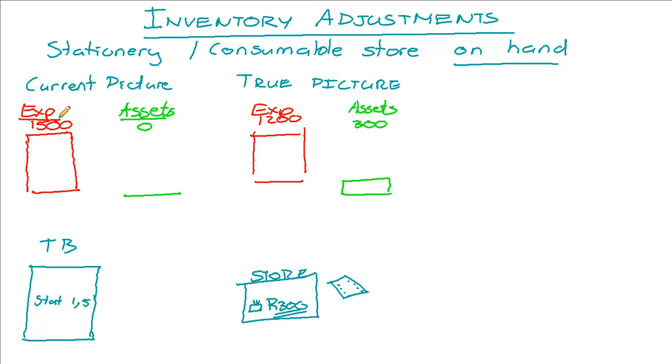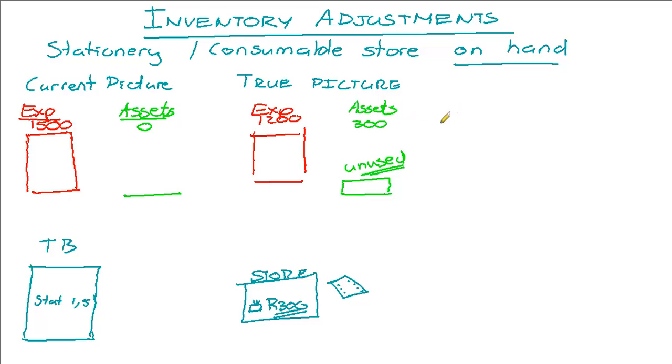So it needs to be an expense. So originally when you buy the stationery or consumable stores, you'd put everything against an expense. However, when you get to the year end and you look at the true picture, you'll find that there is actually some of this stationery that is still in the storeroom. So it's not yet been used. So some of the stationery is unused. So if it is unused, we need to record that as an asset.